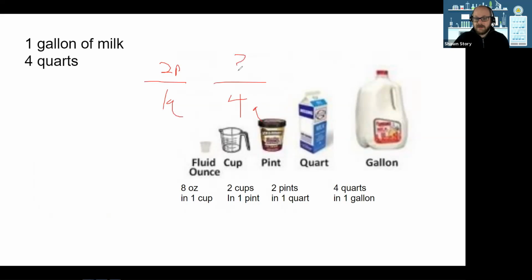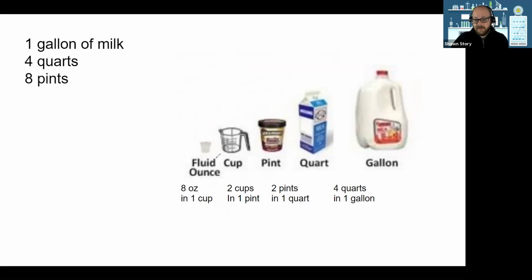So how many pints are up there? We have 2 times 4. What I'm going to do is what's called cross multiplication. I'm going to take this number and multiply it by that number, and then divide it by that number. So 2 times 4 is 8, divided by 1 is still 8. So there are 8 pints to a gallon.